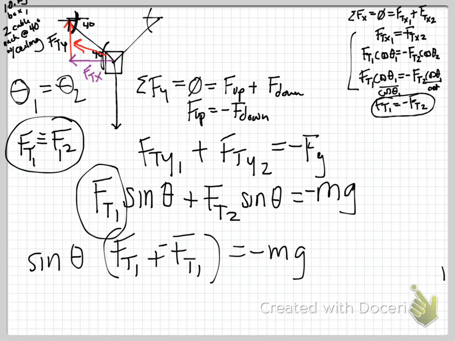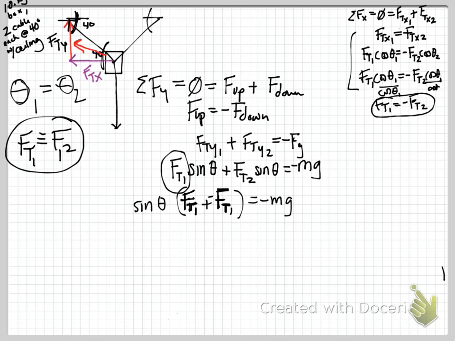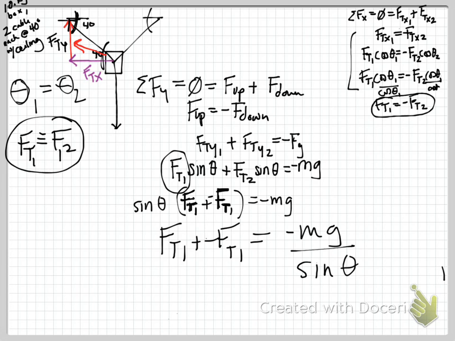Because when you have to switch it over... Okay, so let's leave that as it is for right now. And let's just divide both sides by sine theta. So we have F of T1 plus negative F of T1 equals negative mass gravity over sine theta.